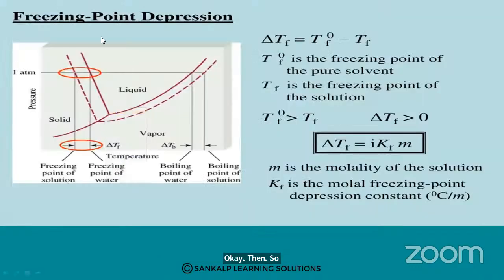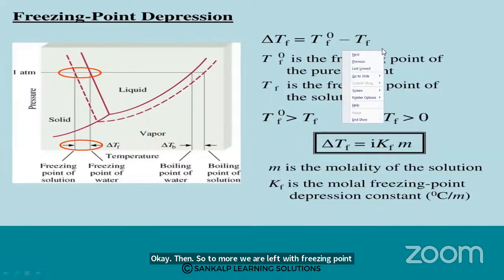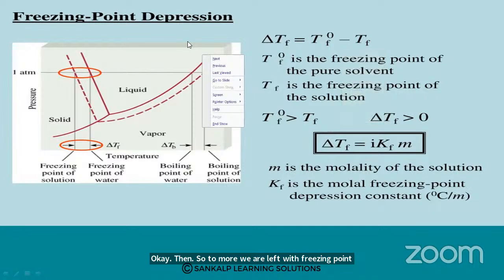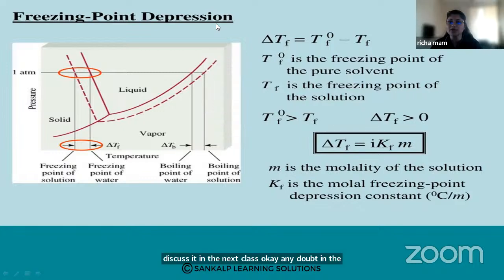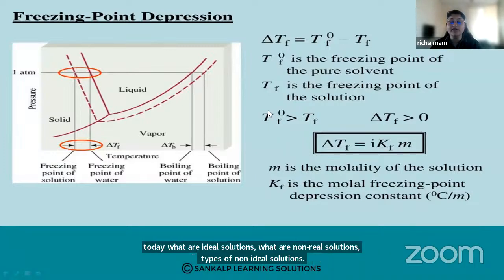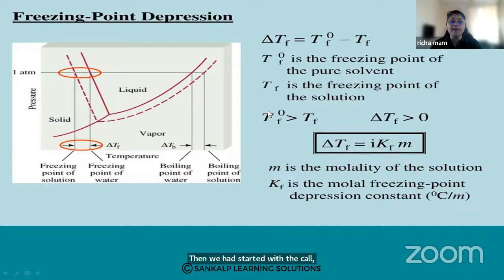Two more we are left with, freezing point depression and some more. So this we shall discuss in the next class. Any doubts in today's session, students? Do you have any doubts up to here? So we have discussed today what are ideal solutions, what are non-ideal solutions, types of non-ideal solutions. Then we discussed azeotropes, types of azeotropes, minimum boiling azeotropes, maximum boiling azeotropes.